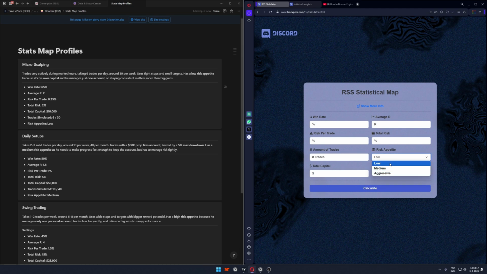Low means you'll have a 30% chance of hitting that number of consecutive losses within 100 or 1,000 trades, with aggressive being an 80% chance of hitting that number.